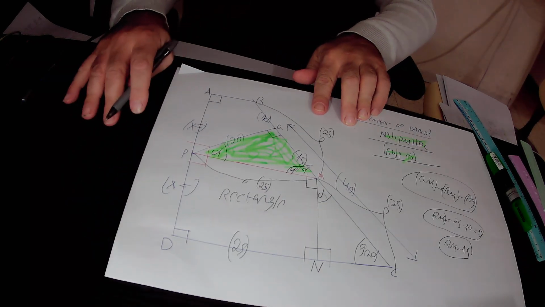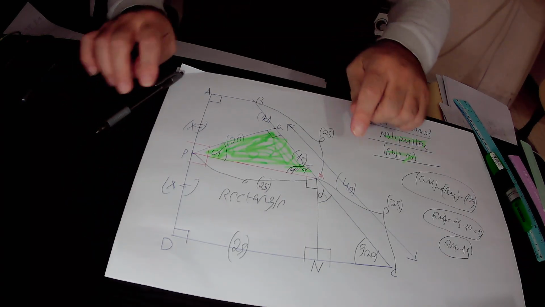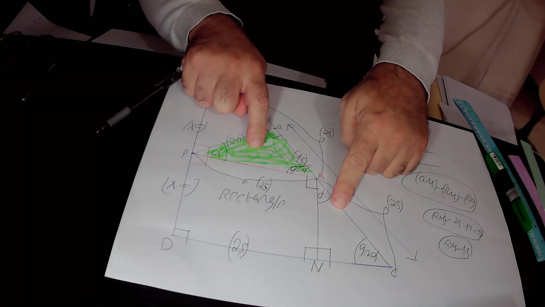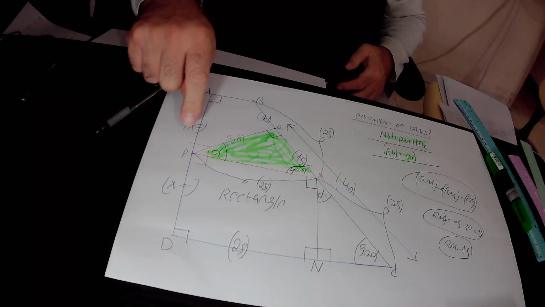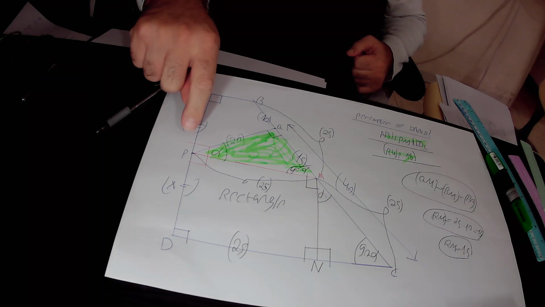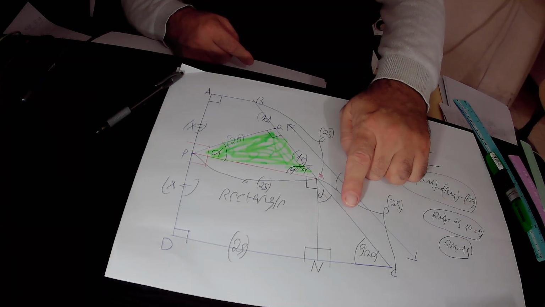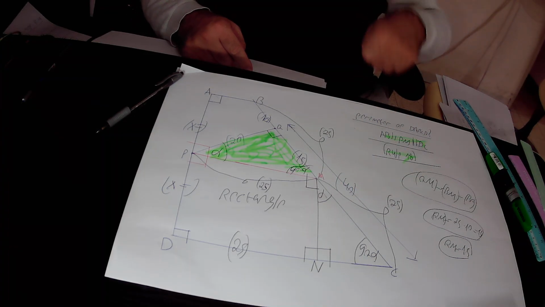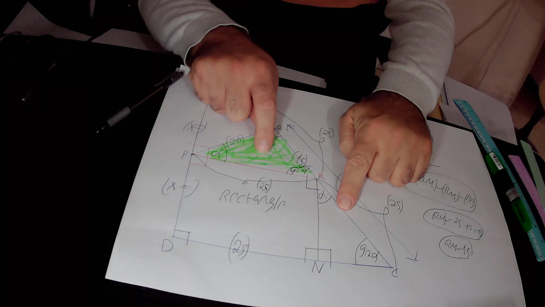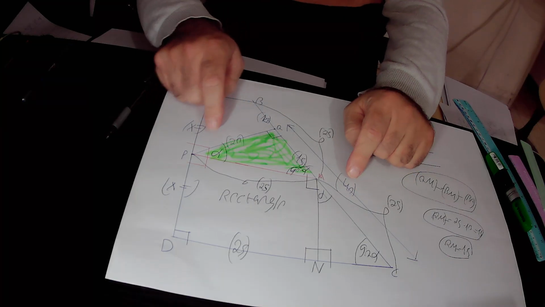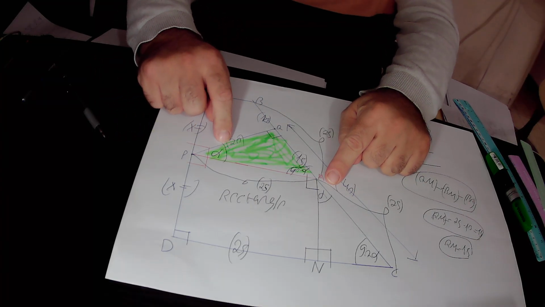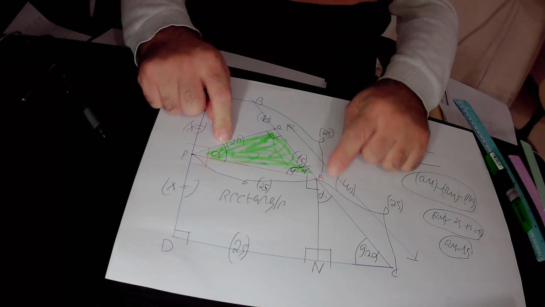In the next step, we will prove that those two right triangles can go into each other according to the angle side angle rule. That is to say, we prove that this green right triangle PQM can go into this lower right triangle MNC according to the angle side angle rule. First of all, those two angles are both equal to alpha, and therefore they are equal to each other.